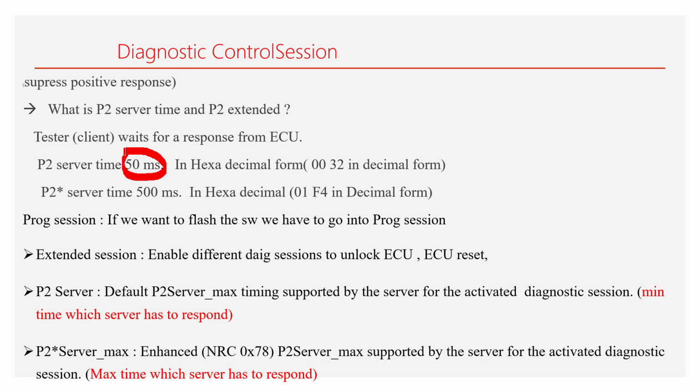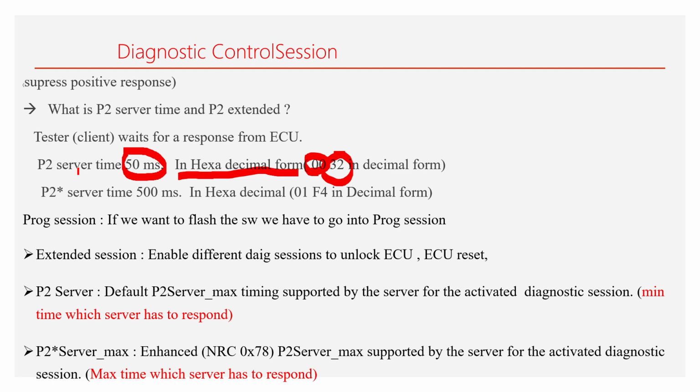In this 50 milliseconds, we can convert these 50 milliseconds into hexadecimal form. When we convert this into hexadecimal form, we get 00 and 32. This is the decimal format.